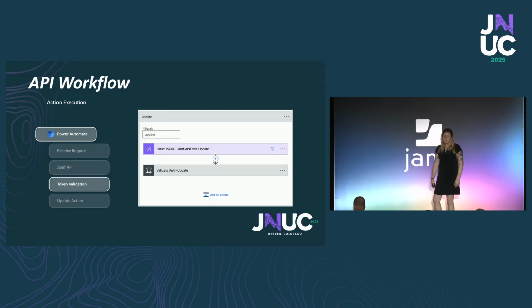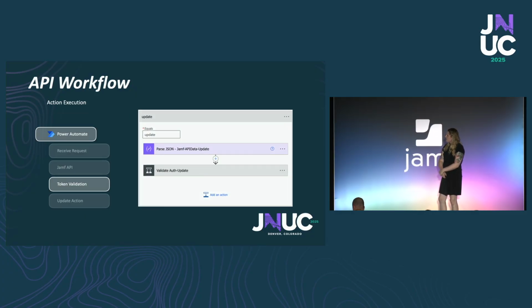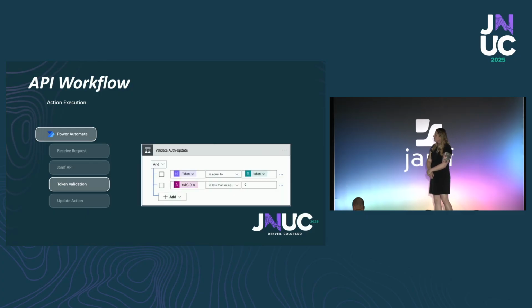And then instead of the init action type, we're going down this route for our flow, where we're doing the update value. So we're parsing some of that JSON that came through, and then we're going to do a validation. So this is where we're actually checking to see, is this token that was supplied in the API call equal to what is supplied in Jamf Pro.